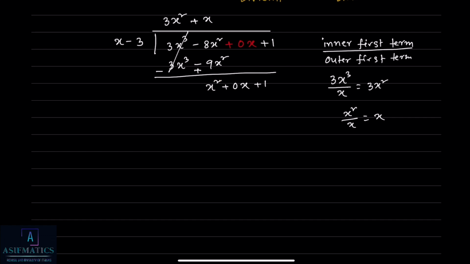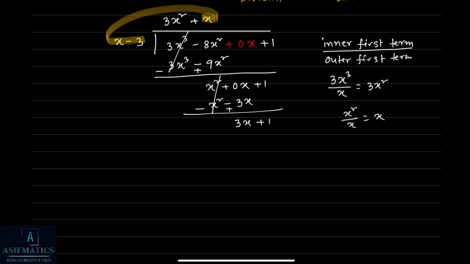And then we multiply this with the whole divisor. We can write here x square minus 3x. Put your line here, change the sign, cancel out. Then 0x plus 3x will be 3x.